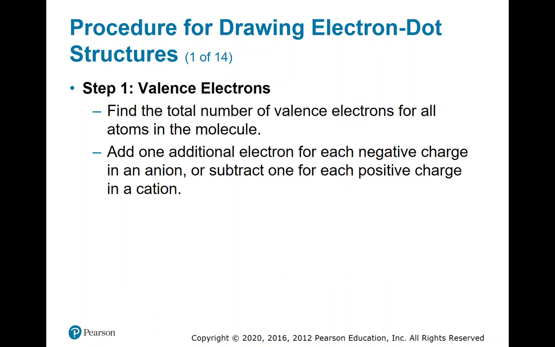So we're going to count up how many valence electrons we have based on all of the atoms in our molecule. And if we have a charge, so if we're dealing with a polyatomic ion instead of a neutral molecule, then we need to add one additional electron for each negative charge, or subtract one electron for each positive charge if it's a cation.